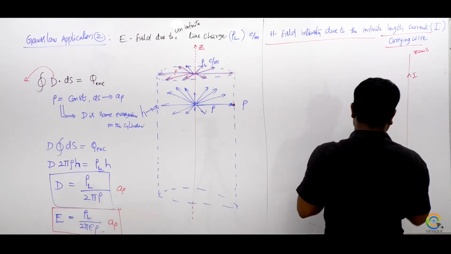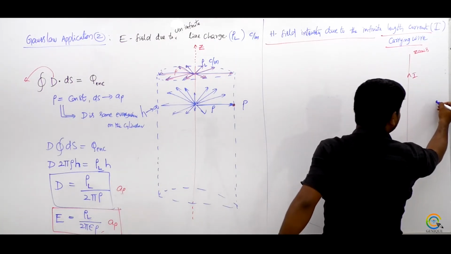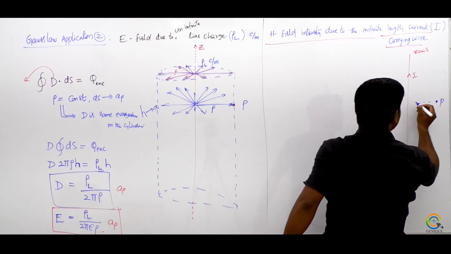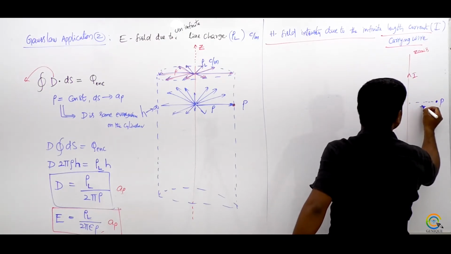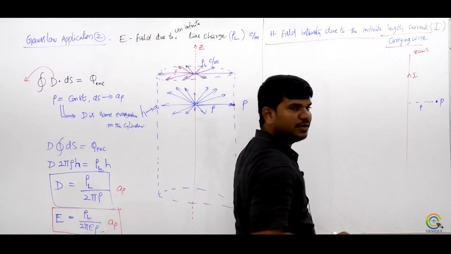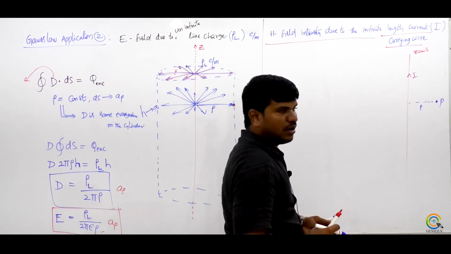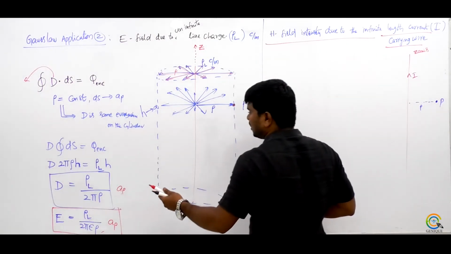Suppose we want to find the magnetic field intensity at any point P, let us suppose it is at rho. How can we find it? Observe this. It is the cause.